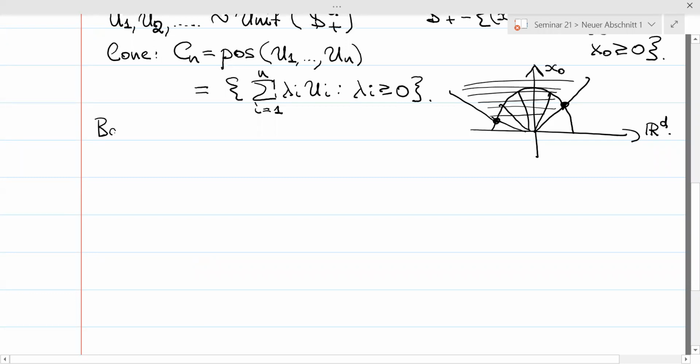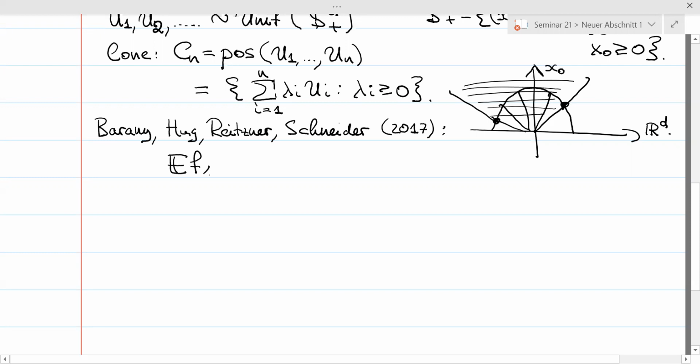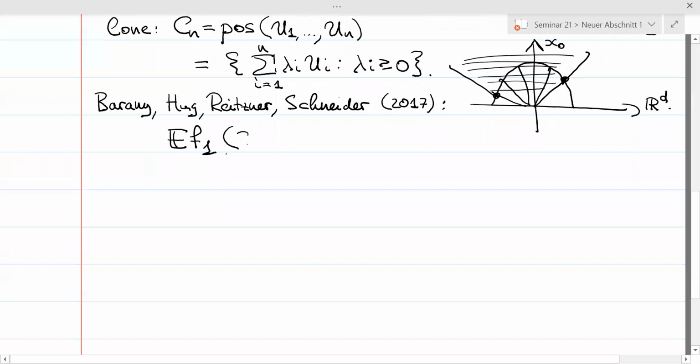In a paper by Bárány, Hug, Reitzner, and Schneider, the following fact, which looks quite unexpected at first sight, has been shown. If we count the number of one-dimensional faces of this cone, and one-dimensional faces are just directions, right, the polyhedral directions of this cone, and let n go to infinity, then this converges.